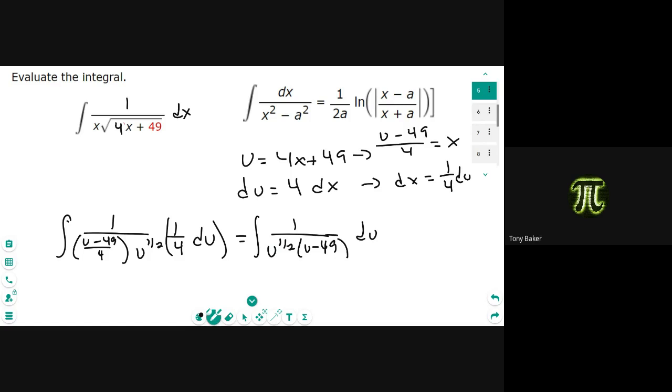Not like how the book did this one. I don't think it's u squared minus 49 there. Okay.